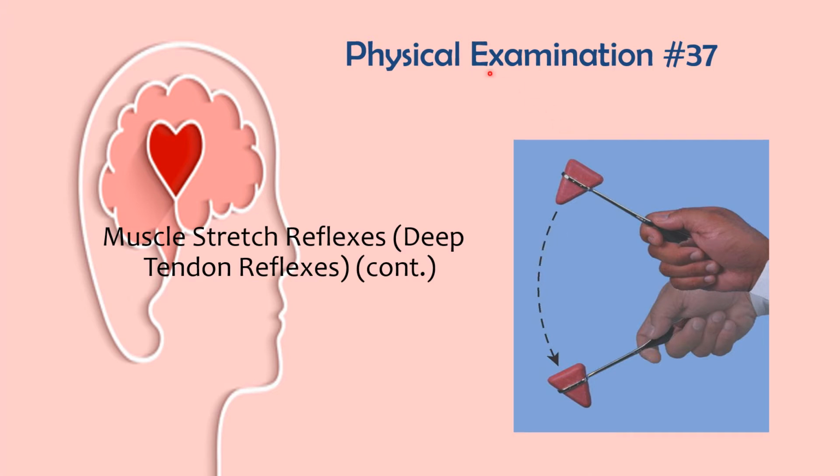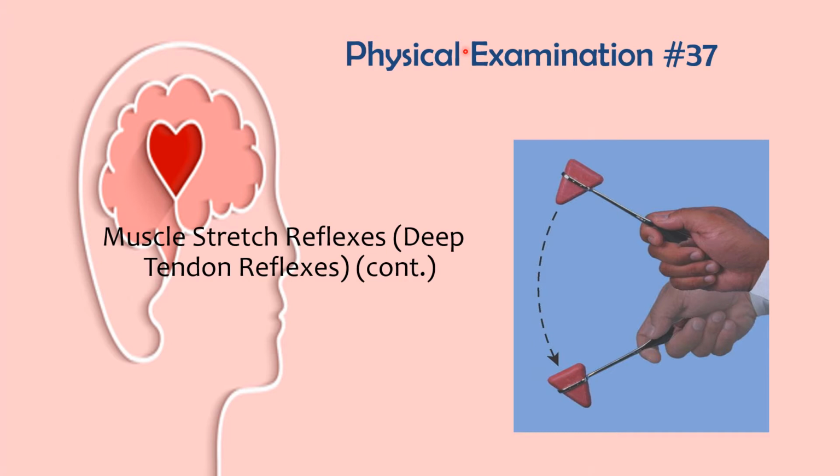Then hold the reflex hammer loosely between your thumb and your index finger so that it swings freely in an arc within the limits set by your palm and your fingers. With your wrist relaxed, you can strike the tendon briskly using a rapid wrist movement. Your strike should be quick and direct, not glancing.